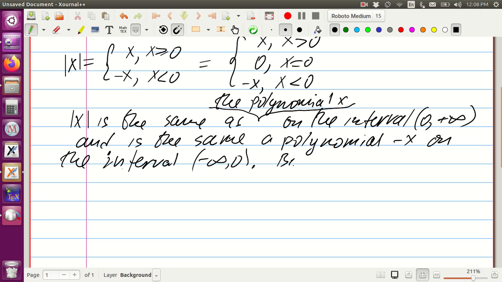And we know that polynomials are continuous everywhere.